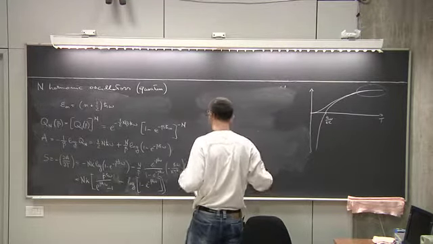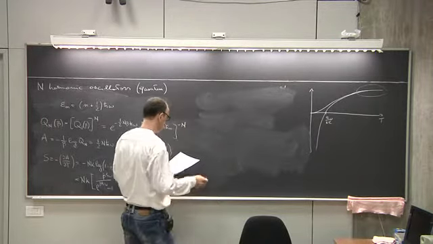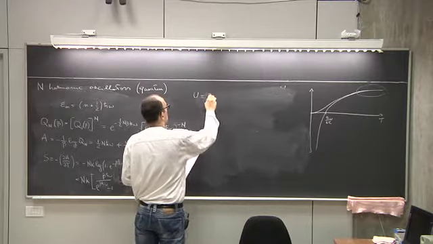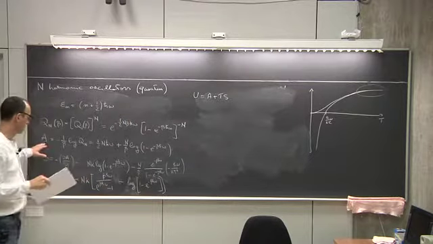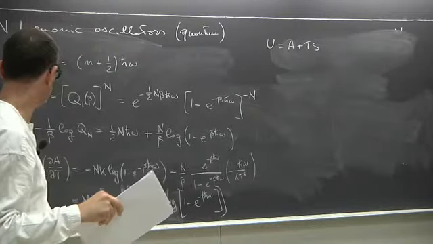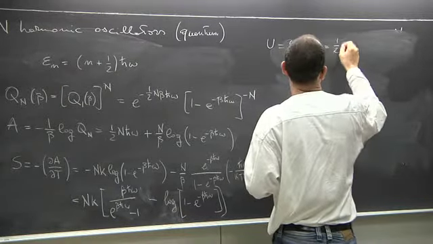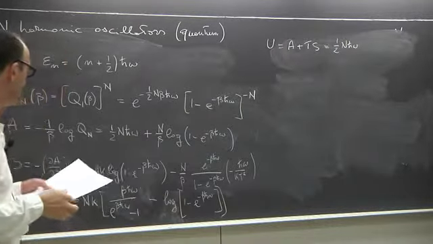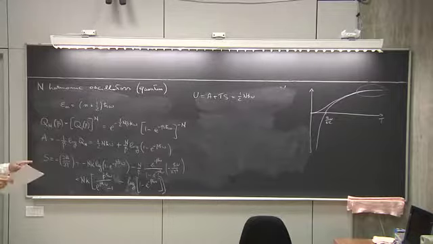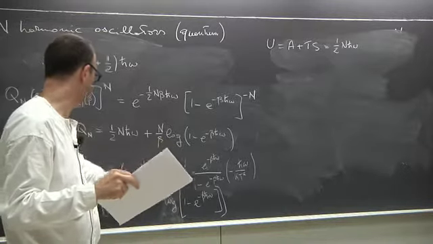So again, if we want to compute the energy, it is A plus T times S. So there is 1/2 N h bar omega, which is always there. Then again, there are this term and this term.